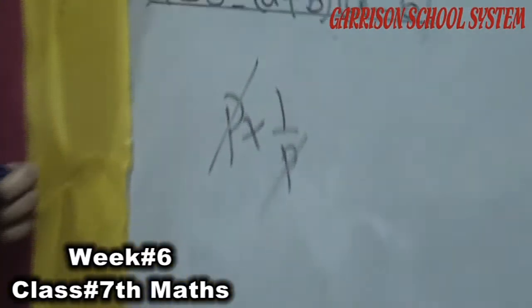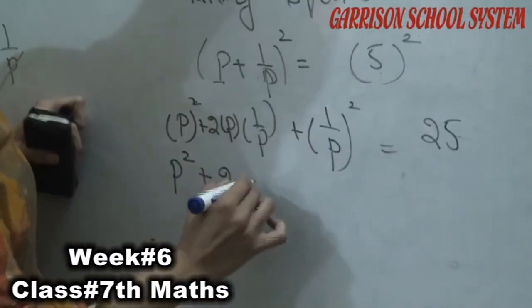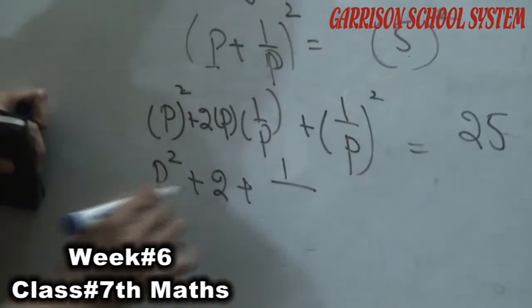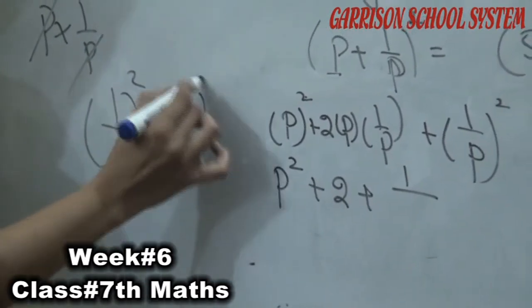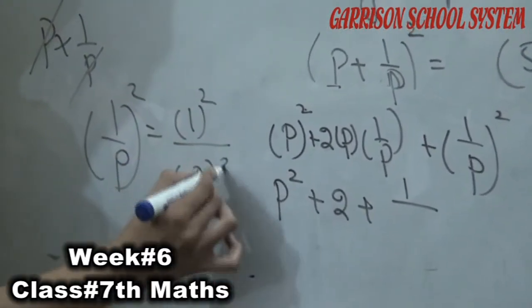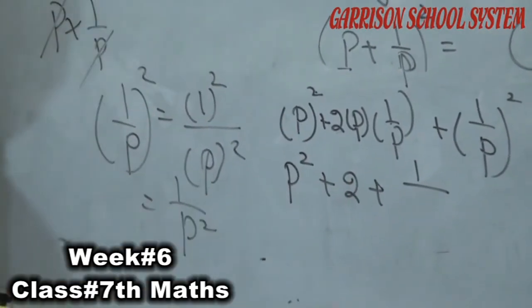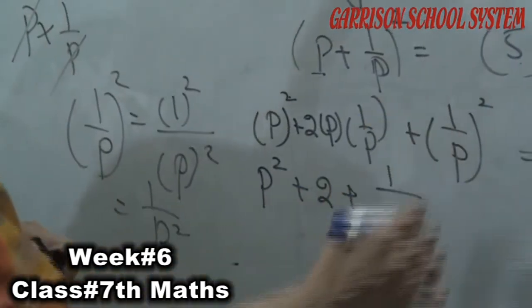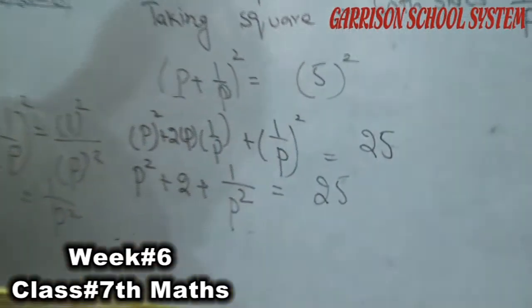Here the remainder is 2 plus 1 over P square. 1 over P whole square means 1 square by P square. 1 square is equal to 1 and P square is P square. So P square plus 1 over P square plus 2 is equal to 25.